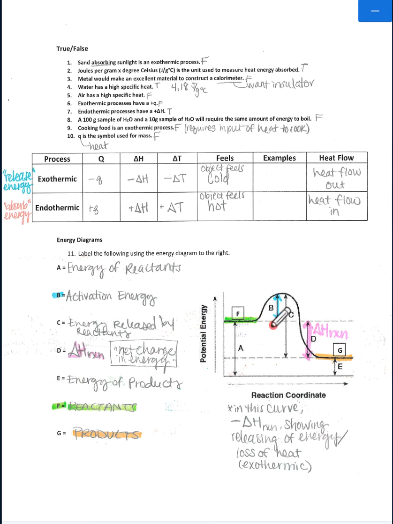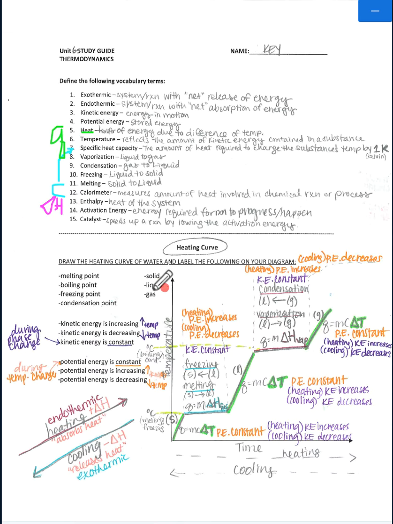So just remember, it's not just a theoretical curve here. There's actually something happening, and the catalyst is just allowing those reactants to come together easier. Therefore, there's less energy required for those reactants to come together, which is why we say it's a lower activation energy. Okay, thank you for bearing with me.